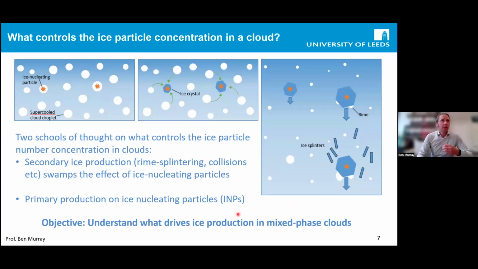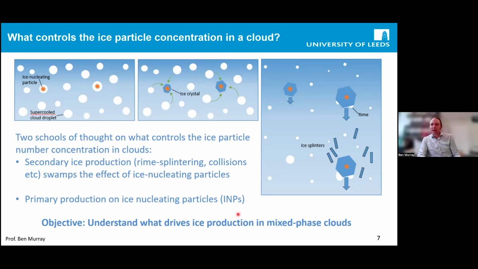So what does control the ice particle concentration in the cloud? And really, I think there's two schools of thought on what controls the ice particle number concentration. And so I think you get a different story when you talk to different communities.